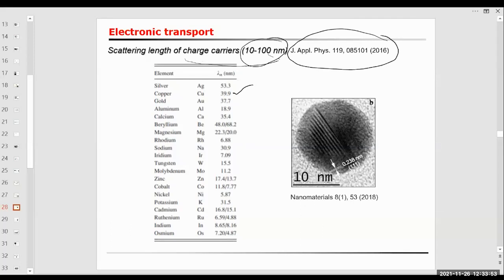So if I wish to extract any exotic electrical behavior from copper, I need to make the copper in such a way that at least one feature, it can be the diameter of a copper wire or the diameter of a copper particle, has dimensions less than or equal to 39.9 nanometers.